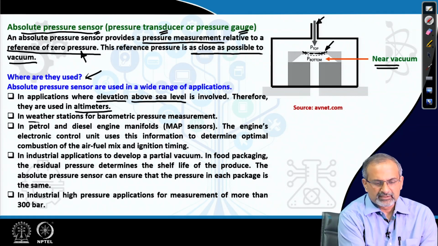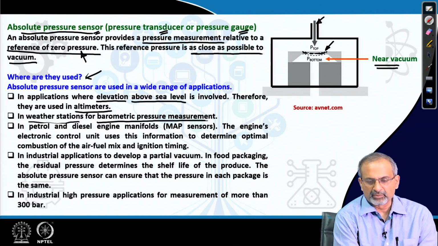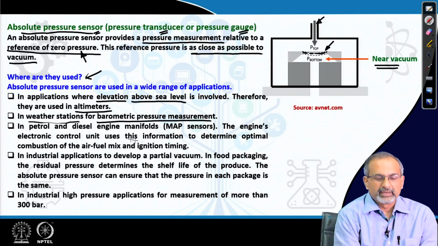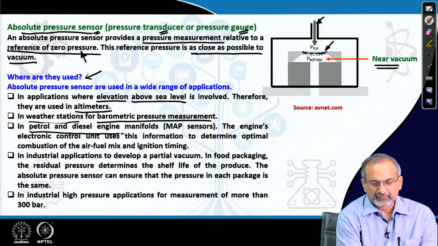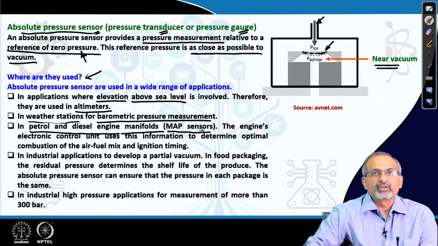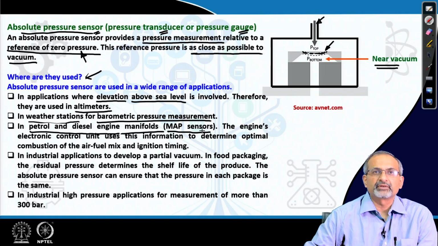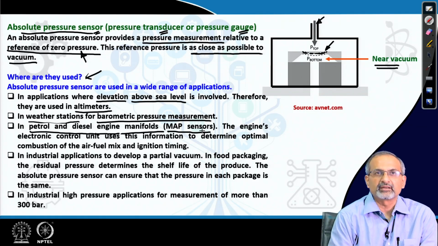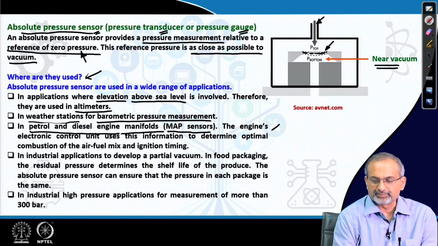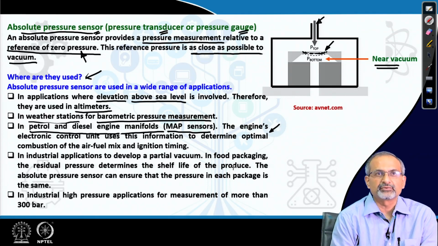In weather stations, they are used for measuring barometric pressure. In petrol and diesel engine manifolds, they are used as MAP sensors. The engine's electronic control unit uses this pressure measurement to determine optimal combustion of air fuel mix and ignition timing. So, they find a very important use in petrol and diesel engines as well.